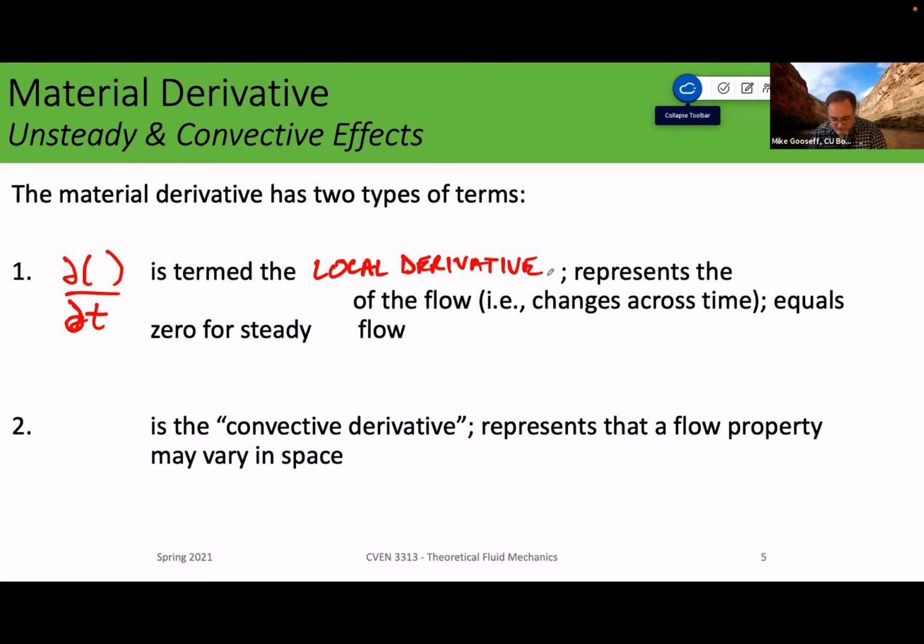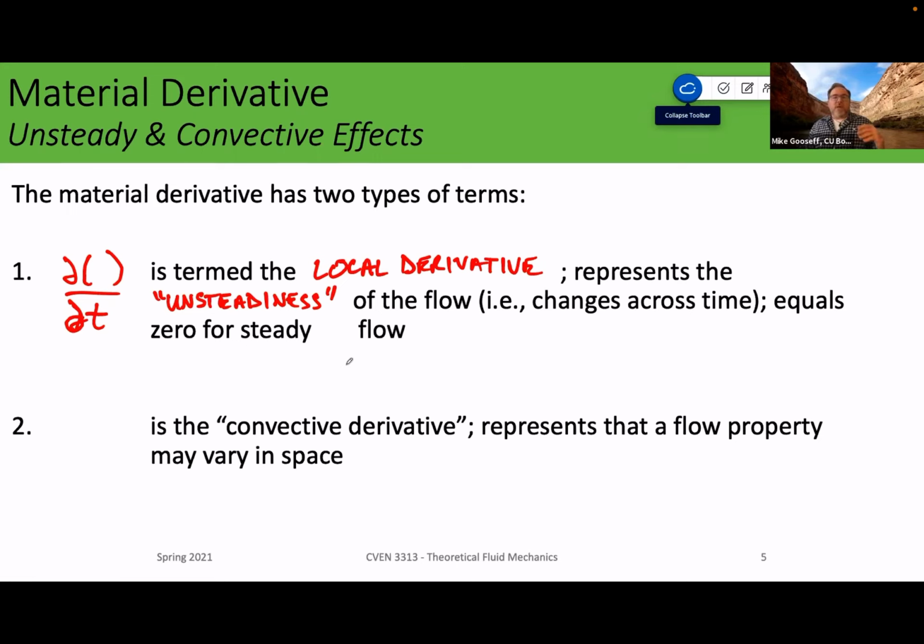It represents what we would call the unsteadiness of the flow, so changes across time. It equals 0 for steady flow.